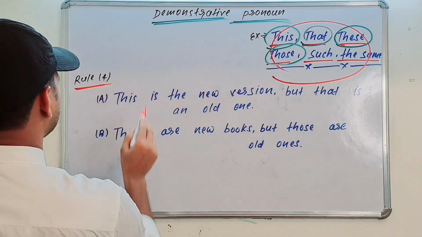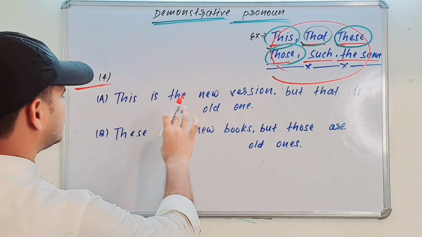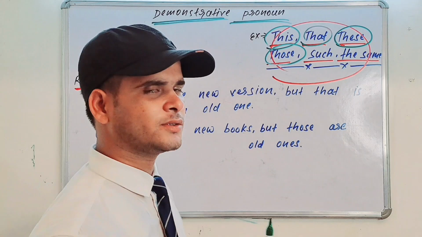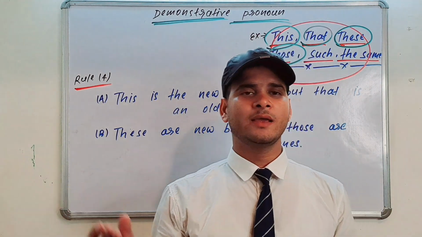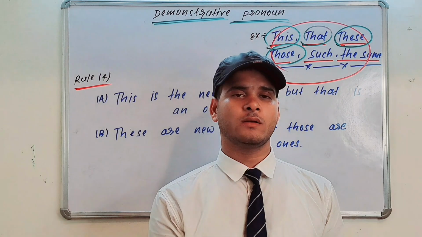This is the fourth rule, and I have already written two sentences so you can understand better. Here, I'm talking about "one".